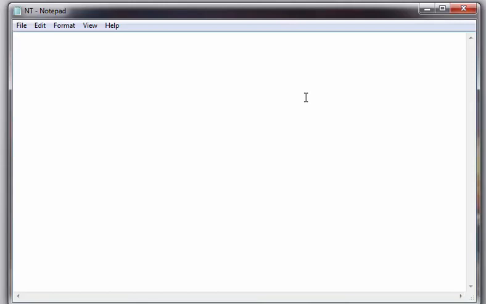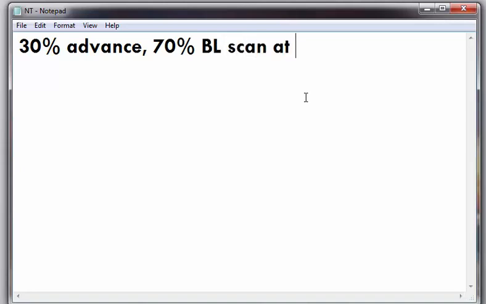But what I always use, because we have been in this business for some time, is that for some of the products, 30% advance, then the remaining 70% against BL scan at sight. But there are some buyers who will not agree with these payment terms. Always remember that it is your product, so you don't let the buyer decide for you.